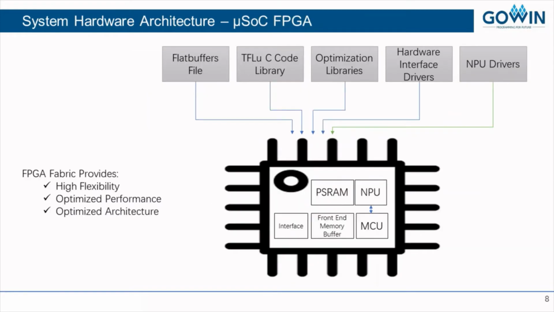And then we have the system hardware architecture of a micro SoC FPGA, an FPGA with an embedded microprocessor. So we can take advantage of all of the same things that we talked about with the MCU and the MCU plus NPU, but with much higher flexibility.